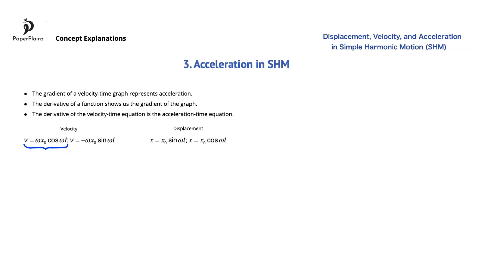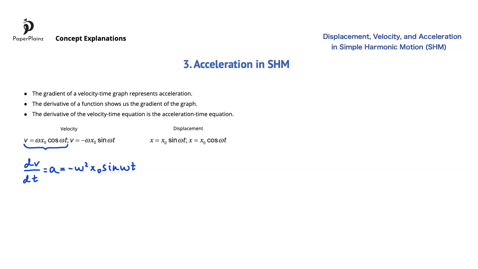The derivative with respect to t, so dv/dt, or in other words, the acceleration, is equal to negative omega squared times x0 times sine omega t. We get this because the derivative of cosine is negative sine, and we are also applying the chain rule and multiplying the entire expression by the derivative of omega t. This is one way to express the acceleration time equation for simple harmonic motion.